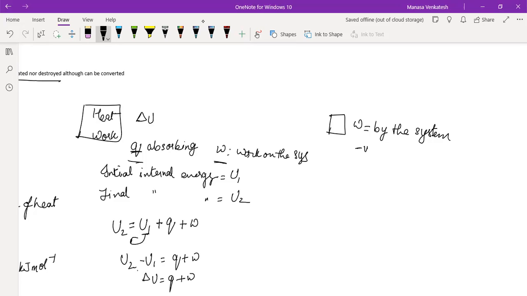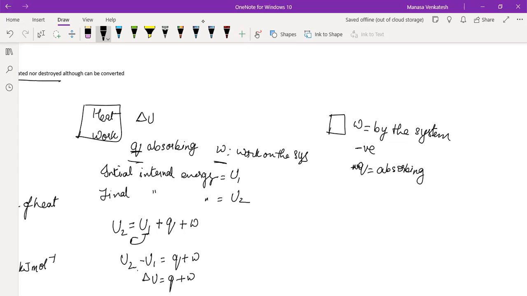Work will be negative because work is done by the system. Q is also going to be involved, obviously. Q is the amount of heat which is going to get added, so since the system is absorbing the heat, Q will stay positive.